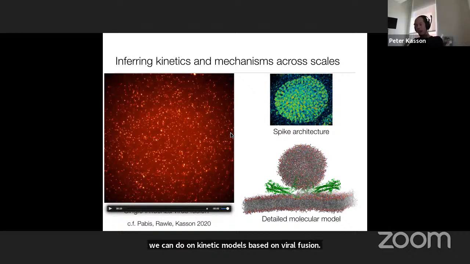Why we care about this is a combination of mechanistic insight and therapeutic design. We have data showing that antibodies to influenza and other viruses can bind to essentially the same place on the viral protein, yet work differently.